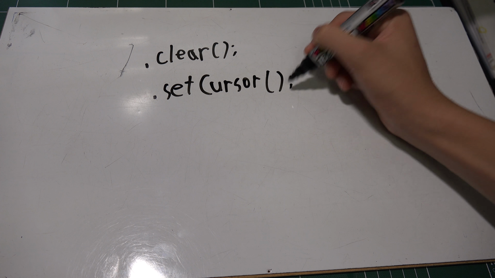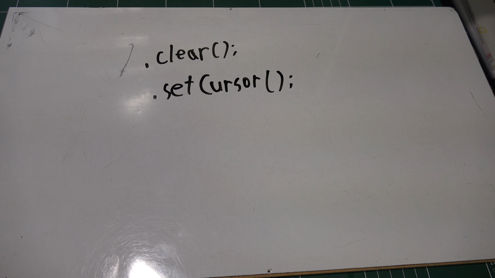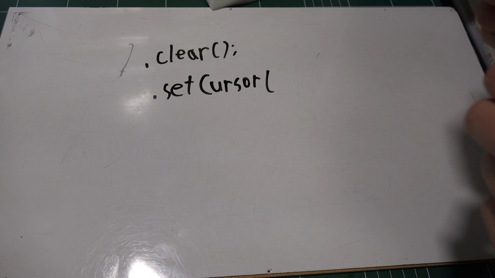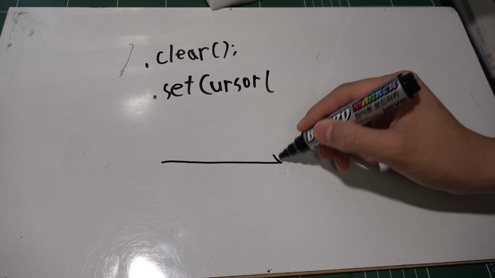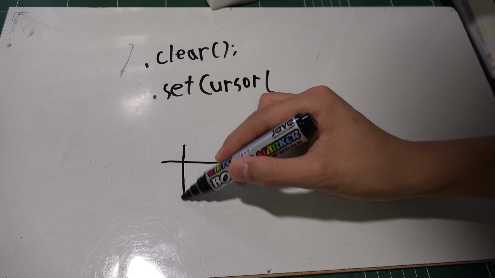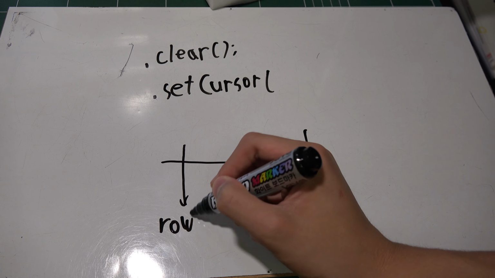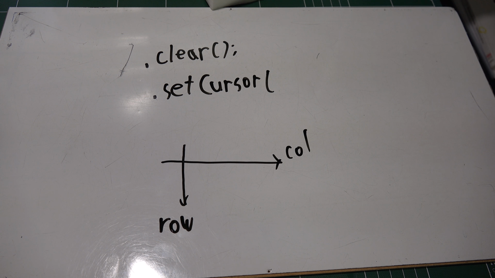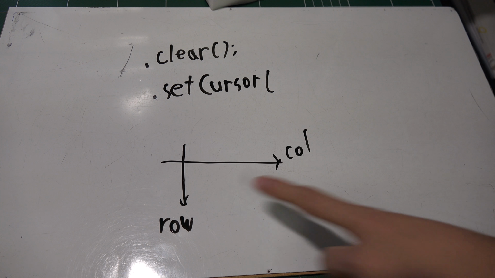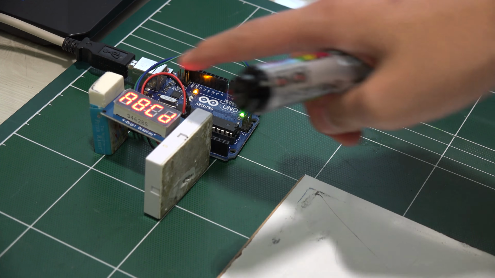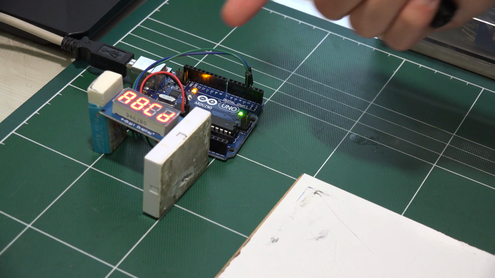And that's all. For this function, we usually say column and row, but in this case, as you can see, there is no row, no y-axis.